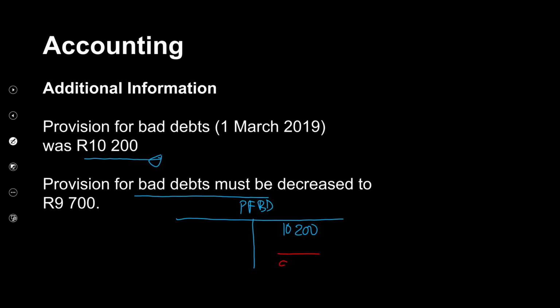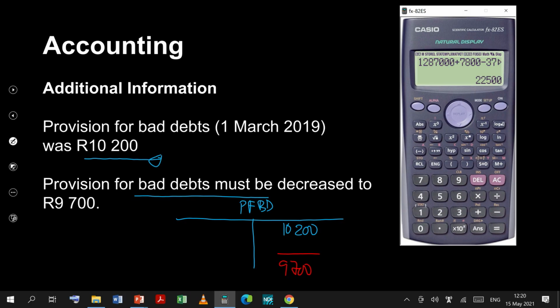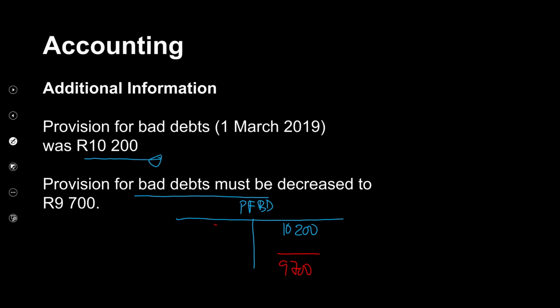Clearly, if you take 10,200 minus the 9,700, you can see that in order for this to happen, you need to debit your provision for bad debts with 500 Rand, and you're going to credit an account called provision for bad debts adjustment.